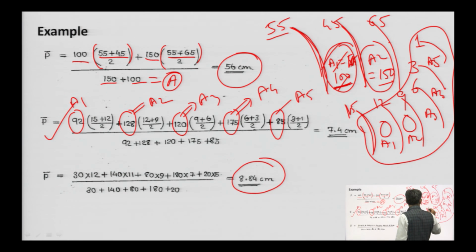So, in spite of taking 15, 12, 9, 6, 3, 1, 8.84 centimeter will be the representative precipitation for this entire area.